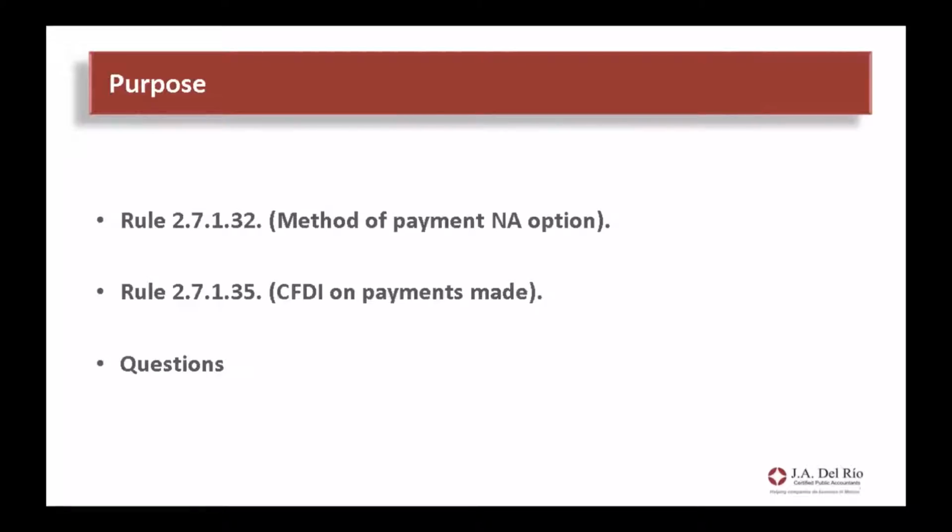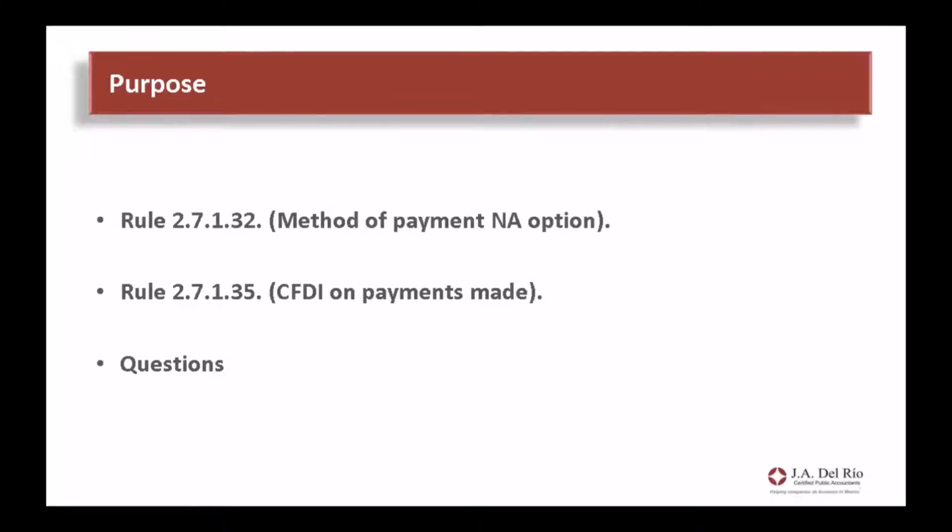So that's basically one of the reasons for going through all this motion of having everything filed to the authorities. But in the end, it also provides simplification and saves time for taxpayers by handling everything electronically.